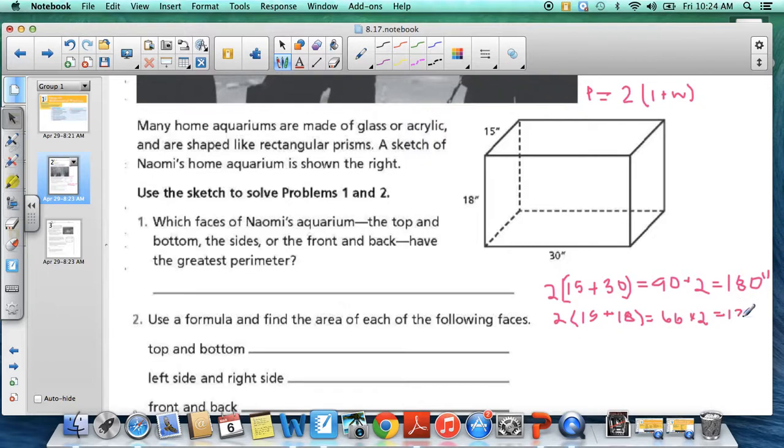We can already see that's probably not going to be our winner because the top and the bottom have a grand total of 180 inches.